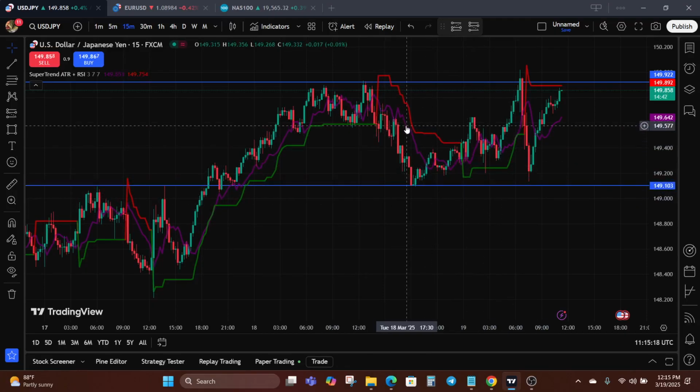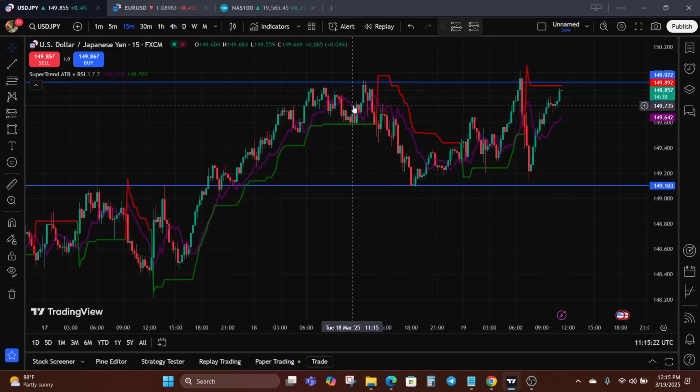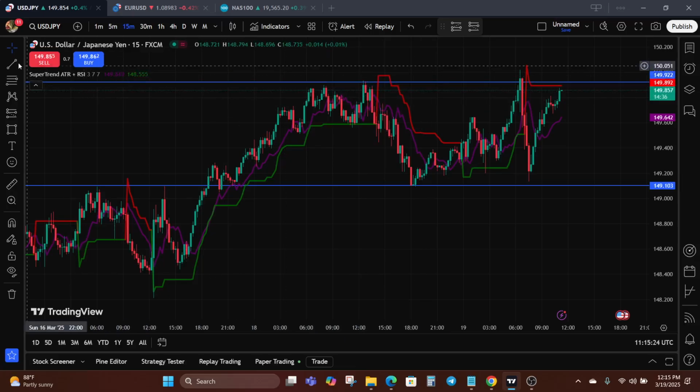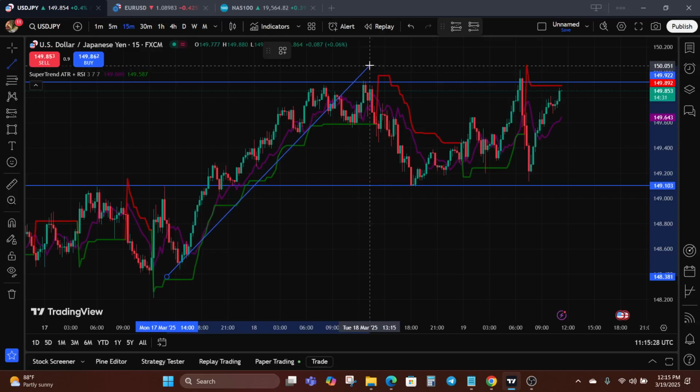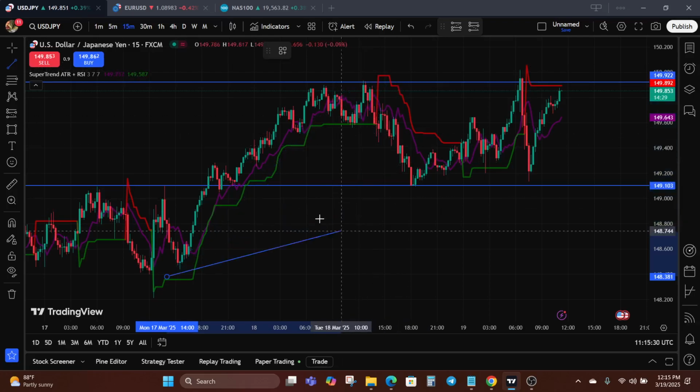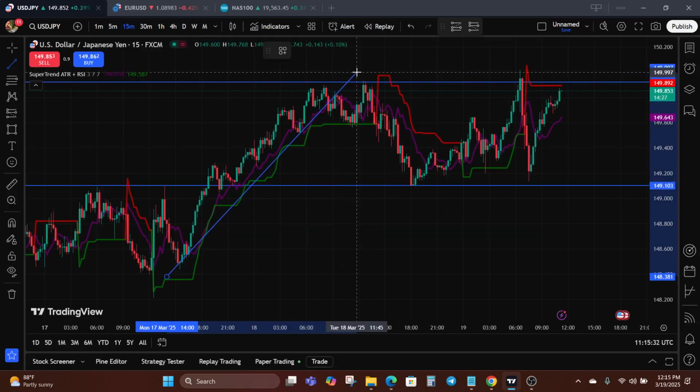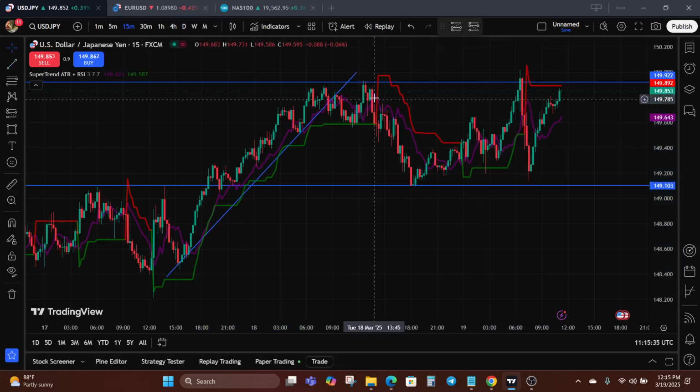Whenever this indicator gives you a signal, you can look at the prevailing structure and identify whether a sell signal is coming around a resistance zone and if a buy signal is coming around the support zone. Because when you have a sell signal around the resistance, it adds even more validity to that signal. And when you have a buy signal around the support, it adds even more validity to that signal.